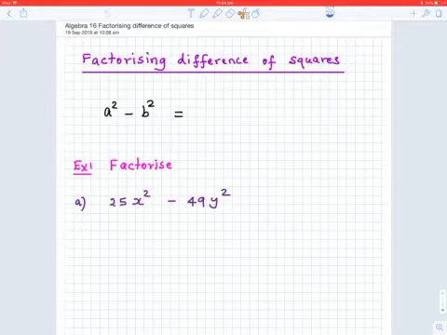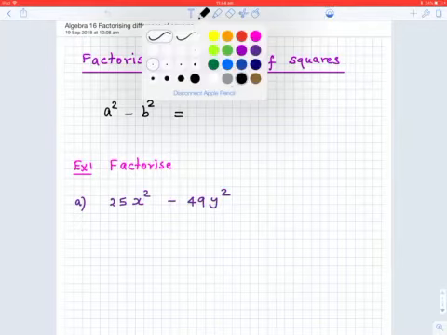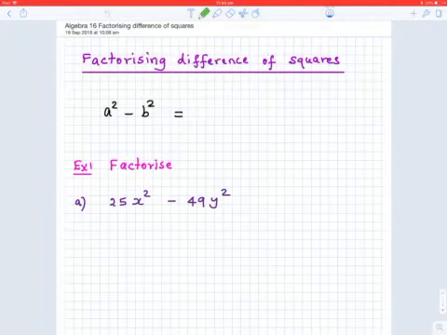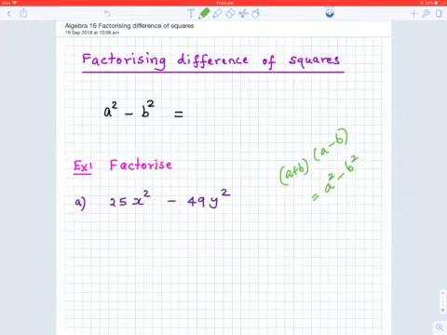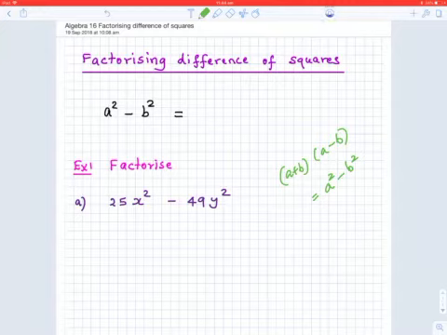Now, before when we did expanding, we used this formula: a plus b times a minus b equals a squared minus b squared.